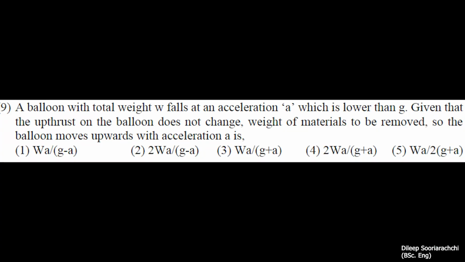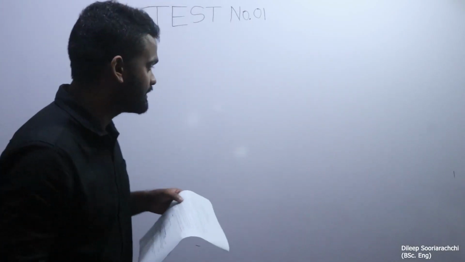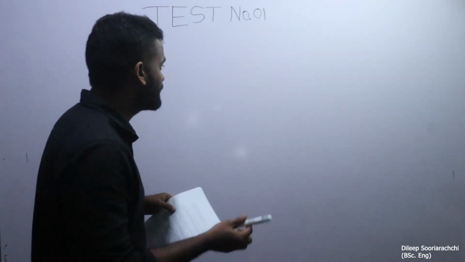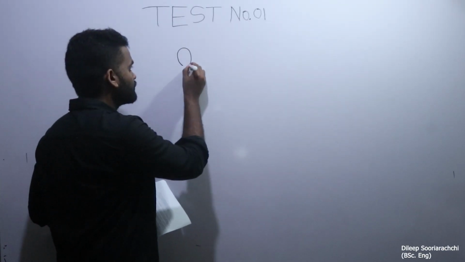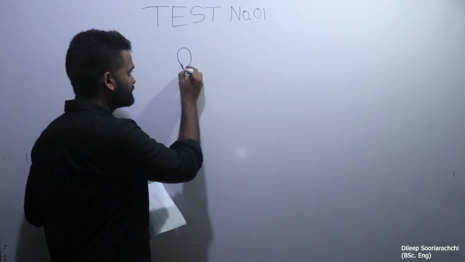A balloon with total weight W falls with an acceleration a, where the acceleration is less than the gravitational acceleration. So you have this balloon.